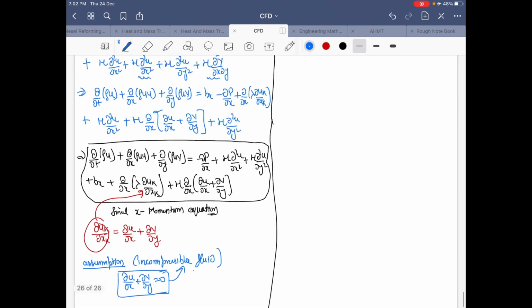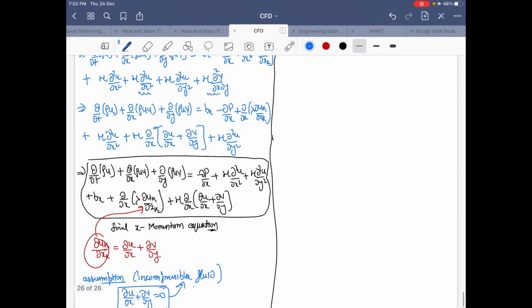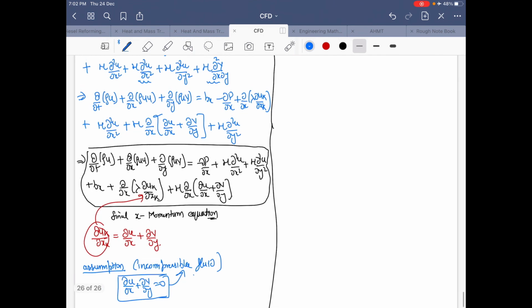So we can modify our equation a little bit more. So this term, which is basically ∂u/∂x plus ∂v/∂y, boils down to 0, and this will also become 0. So finally I am left with the final form for the incompressible flow.